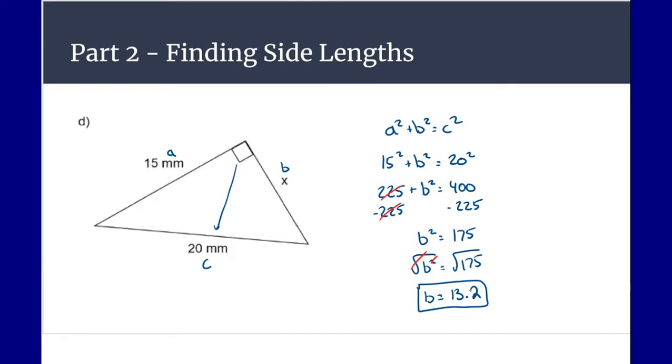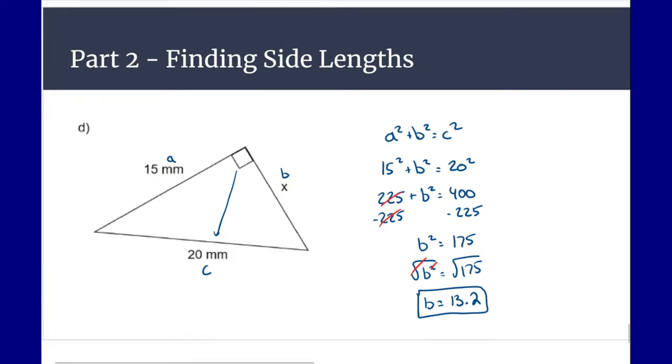B we found out to be 13.2, which is also less than 20. So that's a quick way that you can verify if your answer makes sense. So right now our answer does make sense. Maybe we might have made a calculation error, but that would be more on us. Using the formula, we could see that we've done everything correctly, so this does make sense.